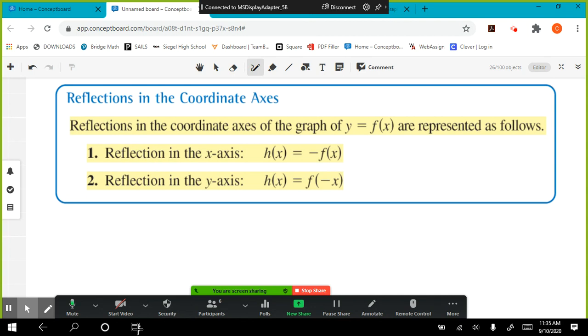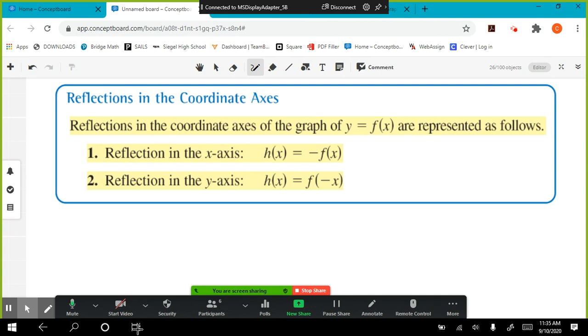Now, notice the difference here. If I replace the x within an equation with a negative x, that reflects it the opposite way across the y-axis, okay? Now, a lot of times, if you see the parent function of a parabola, it is symmetrical around the y-axis. It's not going to look like anything happens.